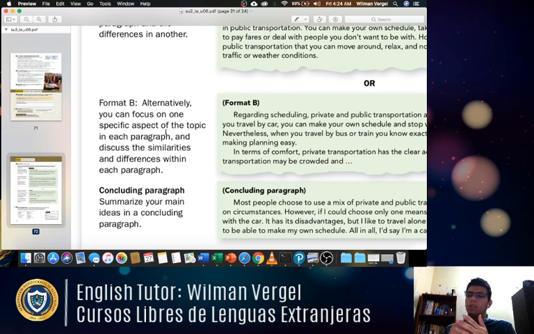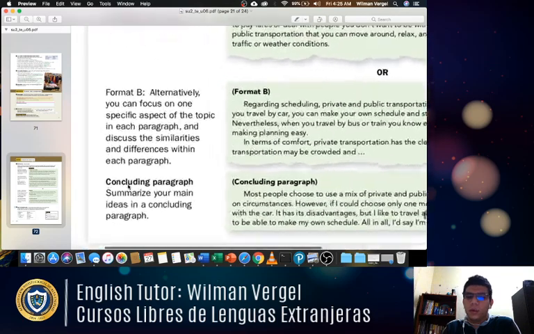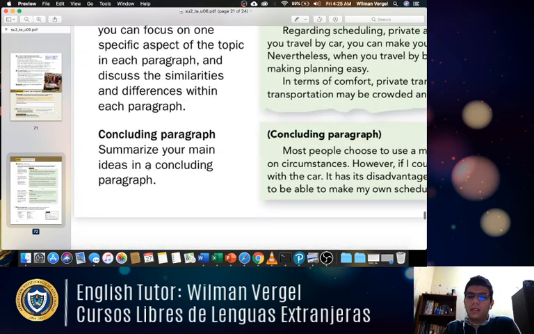If you're gonna talk about something specific like noise, then you discuss the similarities and differences within the same paragraph, talking about one aspect, which is really specific. That's what it's saying. And for the concluding paragraph, summarize your main ideas.